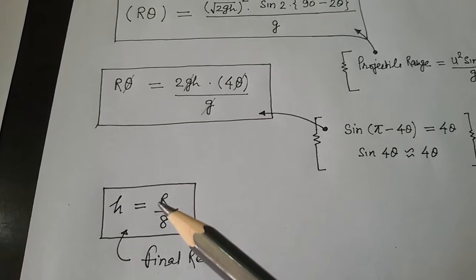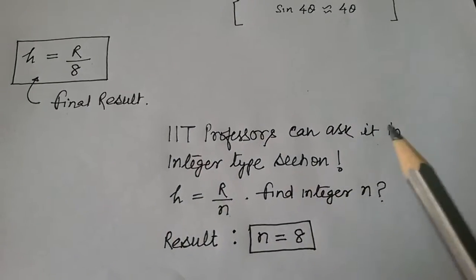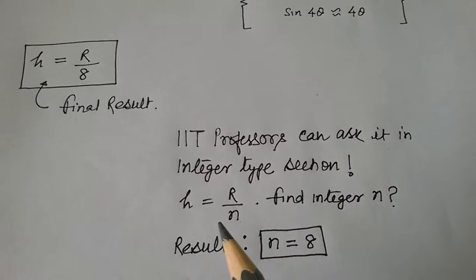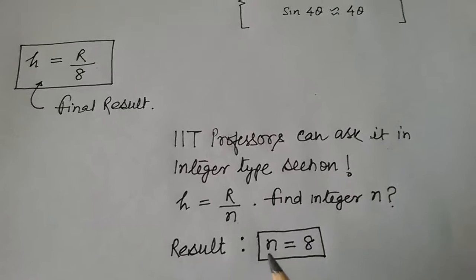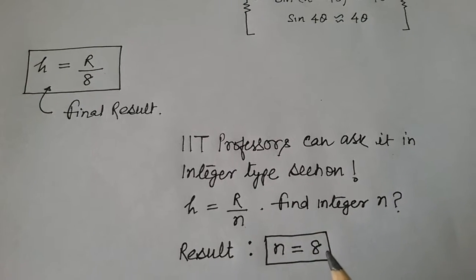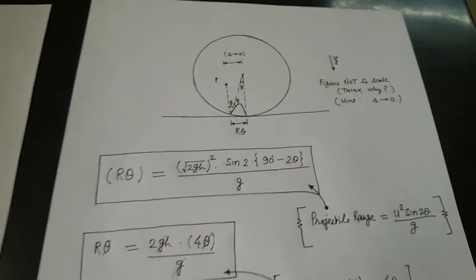IIT professors can ask this situation even in the integer type section. In integer type section they can ask by saying h equal to r by n, find integer n. So we can say n equal to 8. We can bubble in OMR sheet 8. Dear students, focus.